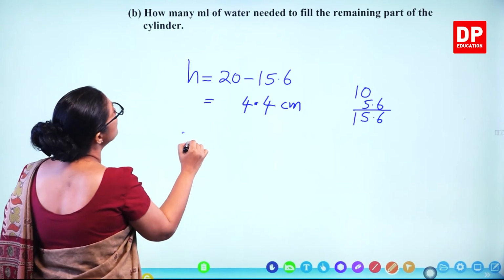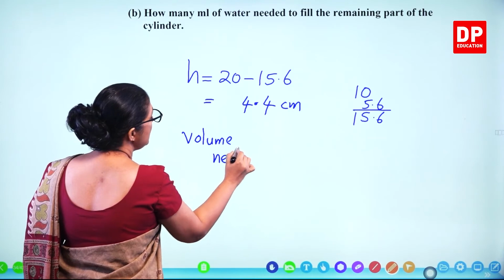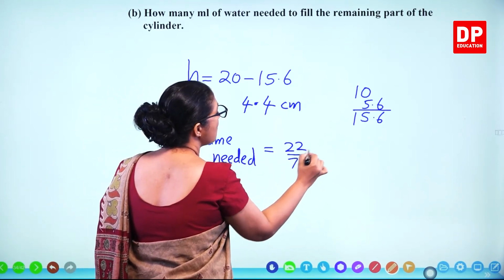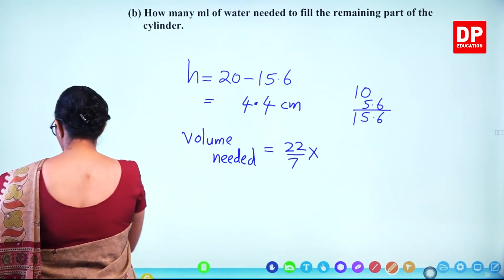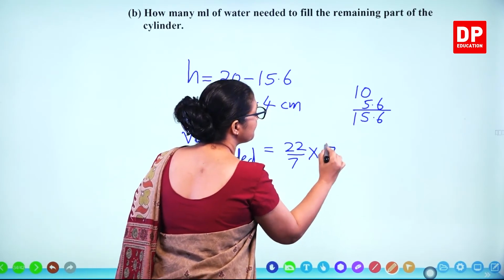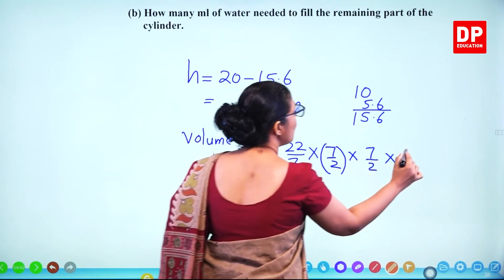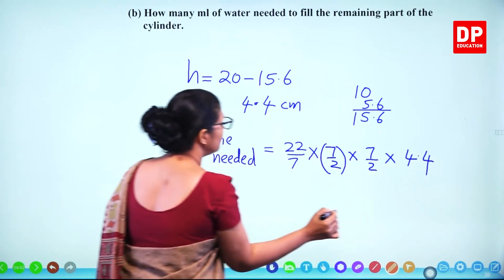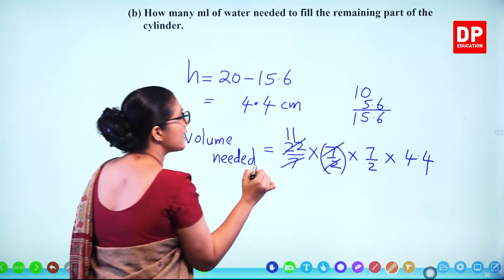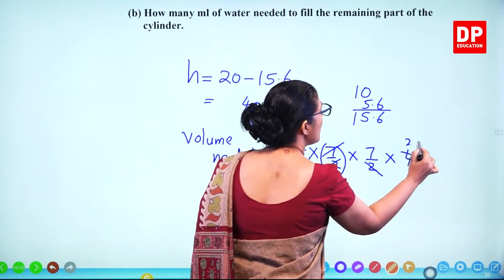So what's the volume needed? Volume needed, pi, that's 22 over 7, r squared, pi r squared, 7 over 2 squared, into height now 4.4. 2 with 11, 1, 7 get cancelled out, and you get here 2 times 2.2.